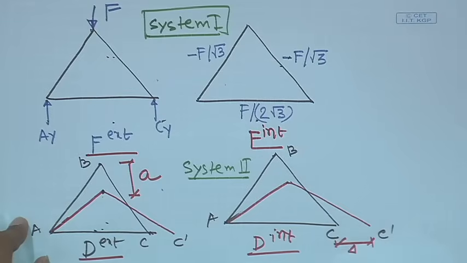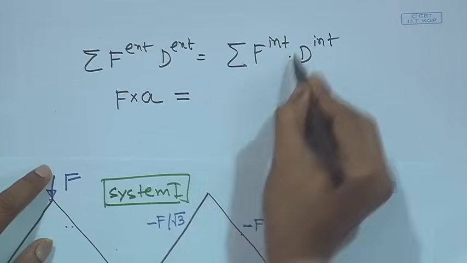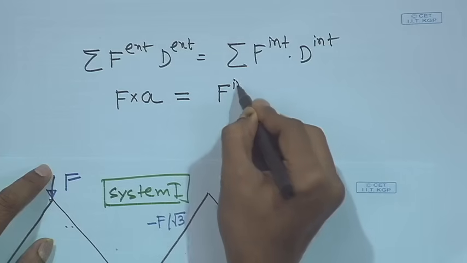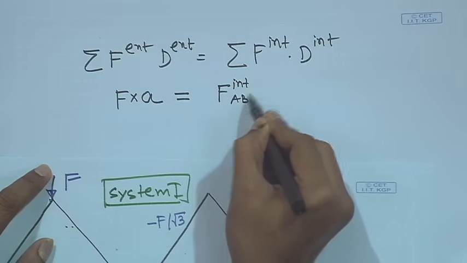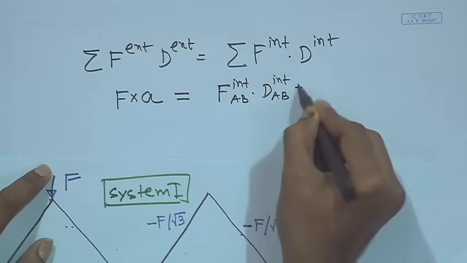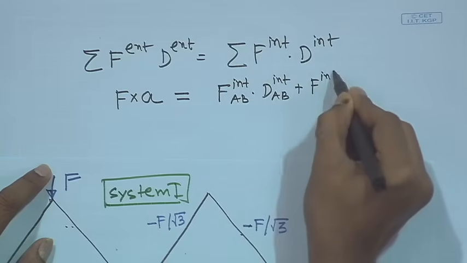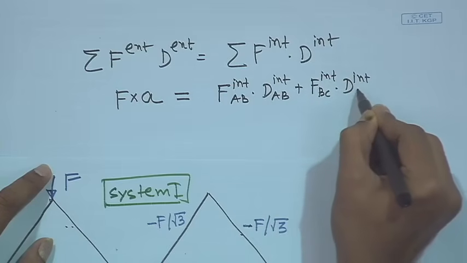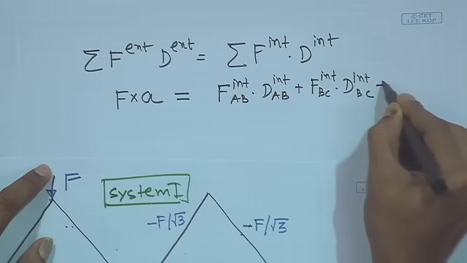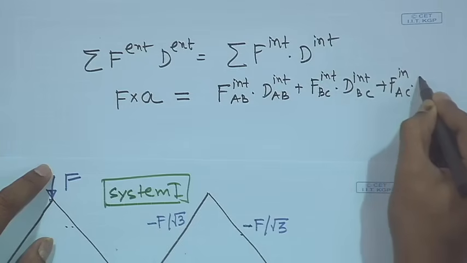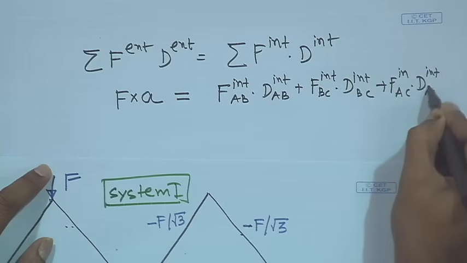So, this is F internal AB into D internal AB plus F internal BC into D internal BC plus F internal AC into D internal AC.